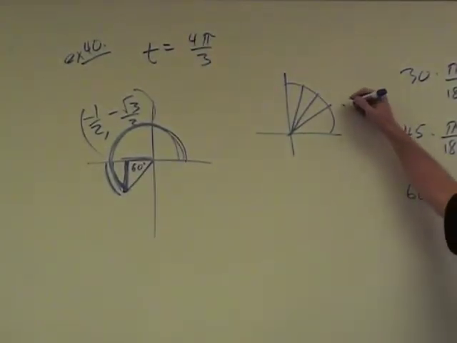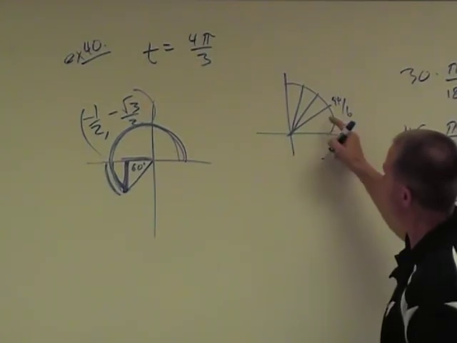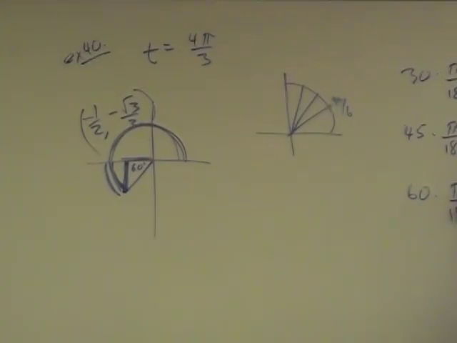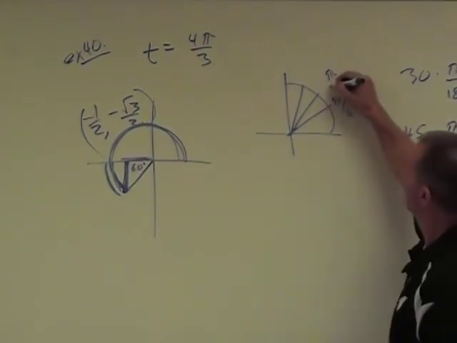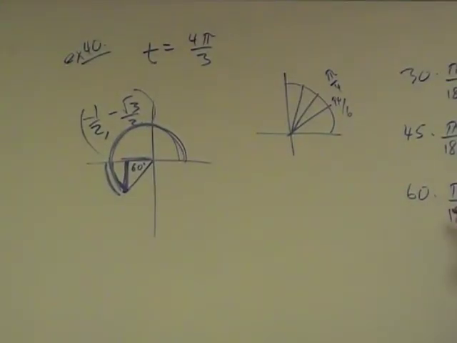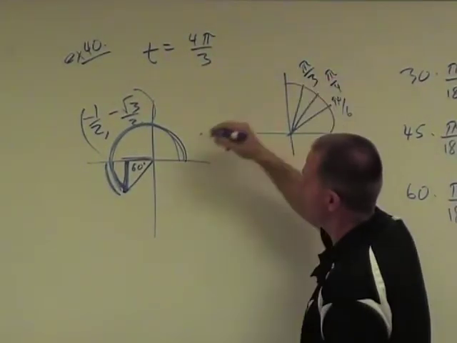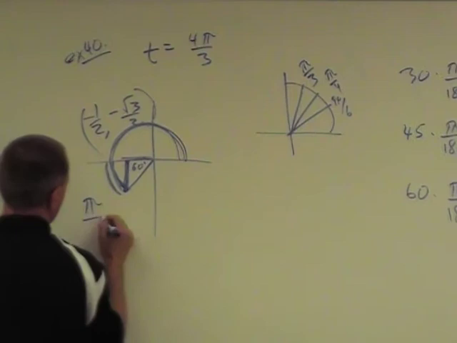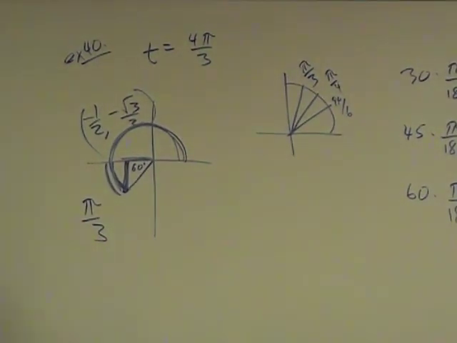Pi over 6. This reference is going to be pi over 6 for 30. 45 is going to be what? Pi over 4. The reference here for 60 is pi over 3. Boom. That's what this is. That's my reference in terms of pi.